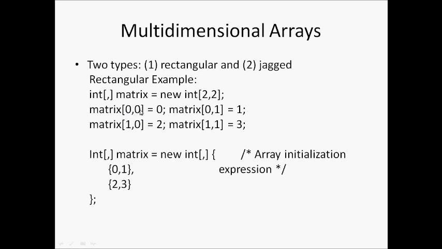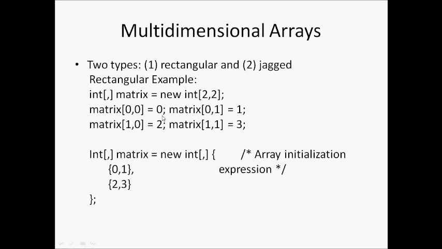So the first row, first column is 0, first row, second column 1, the second row, the first column, that's 2, and so forth. So this is a two-dimensional array.